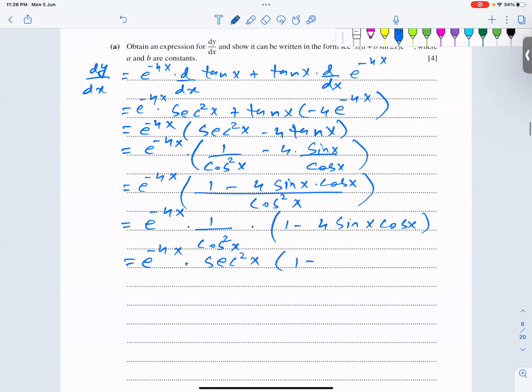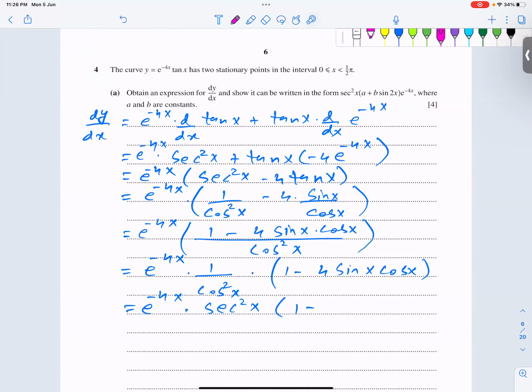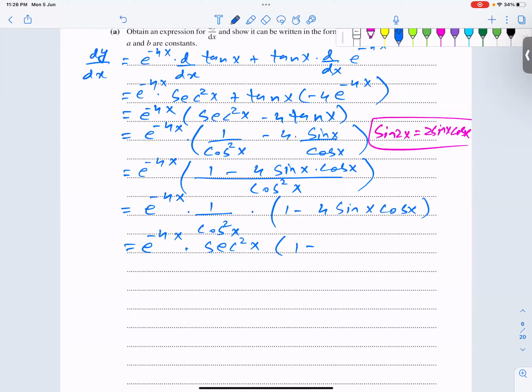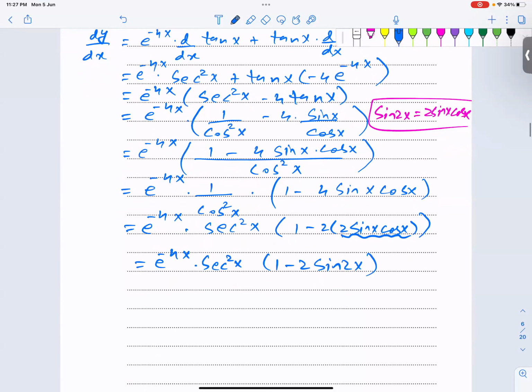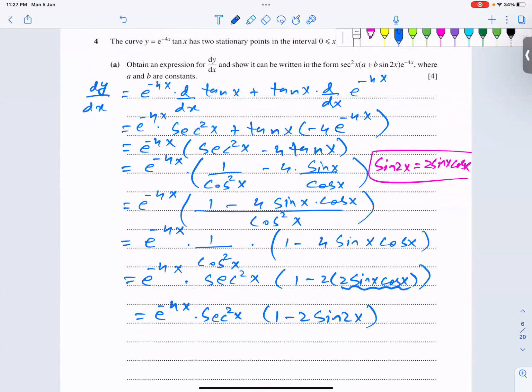Now the formula for sine 2x is sine 2x equal to 2 sin x cos x. We can use this formula here. So break this 4 into 2 times 2 sin x cos x, and I can write finally 1 minus 2 sine 2x. So this will be the final answer. He can ask what are the values of a and b. So the value of a is 1 and the value of b is minus 2.